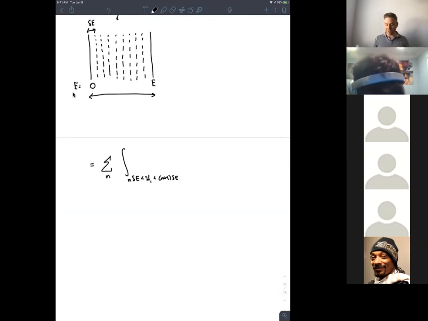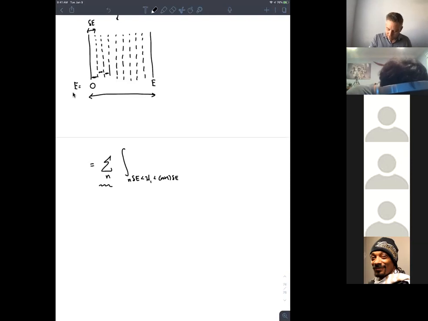Again, you just stick in different values of n. For n equals 0, I'm just integrating over this first bit. For n equals 1, I'm integrating over this little bit. For n equals 2, I'm integrating over this little bit, and so on and so forth. To get the total value, I then just sum all those up.